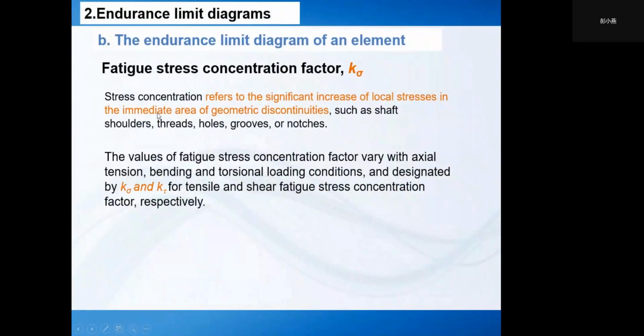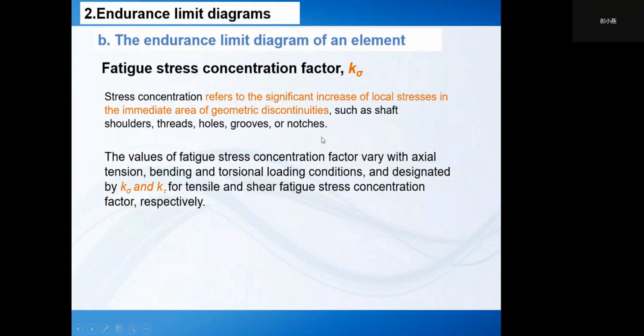Okay, this is the vertical stress concentration factor. It refers to the significant increase of local stresses in the immediate area of geometric discontinuities, such as shaft shoulders, threads, holes, grooves, and notches.